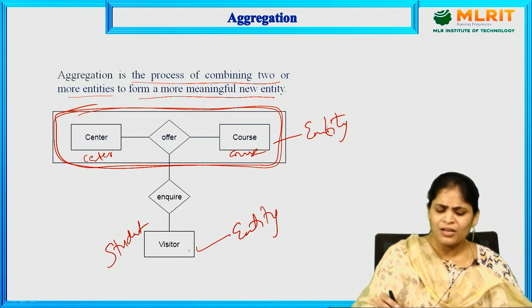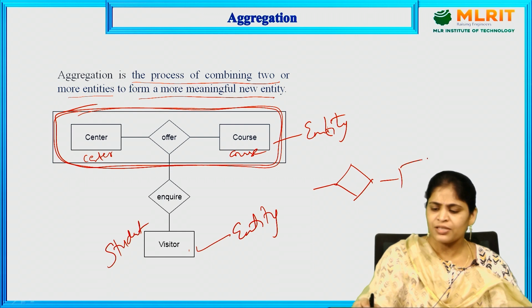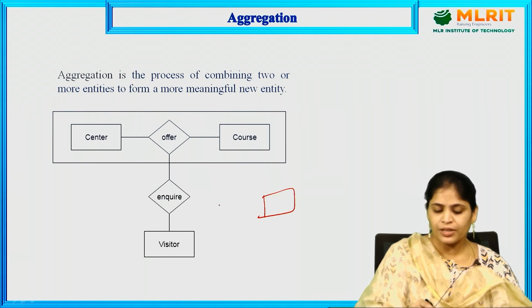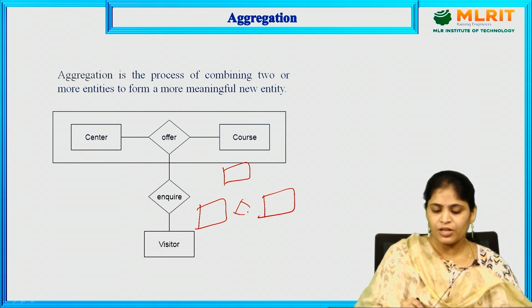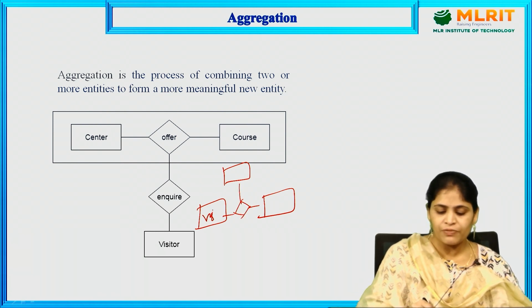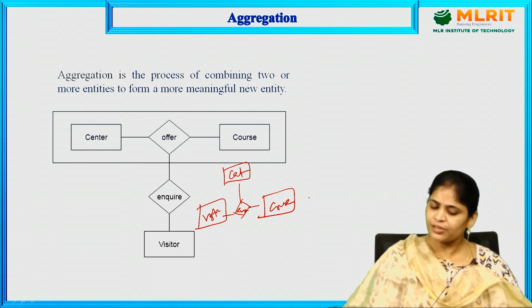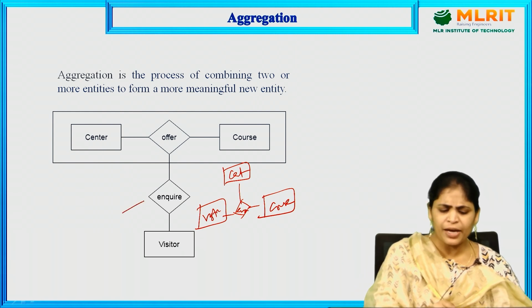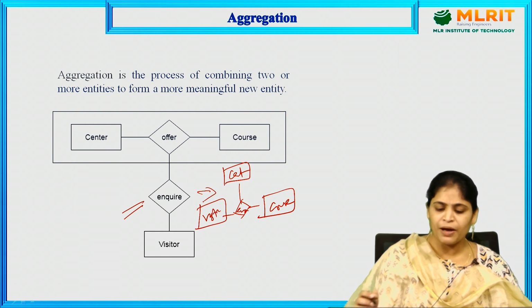That means, for example, let us consider one relationship which contains 3. This is one entity, this is another entity, this is another entity, and this is one relationship. We have 3 entities. Here, for example, visitor, here center, here course. So, visitor enquires about the center and about the course. The same diagram can be represented in this manner also.